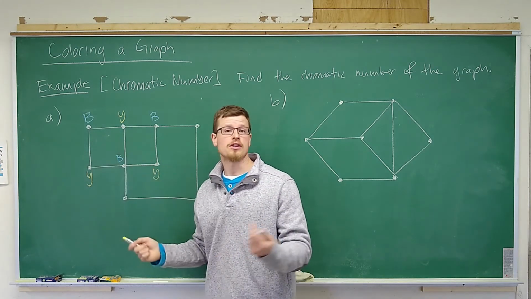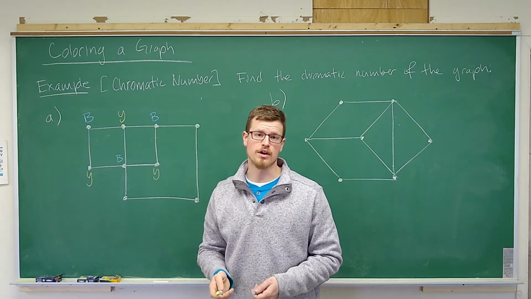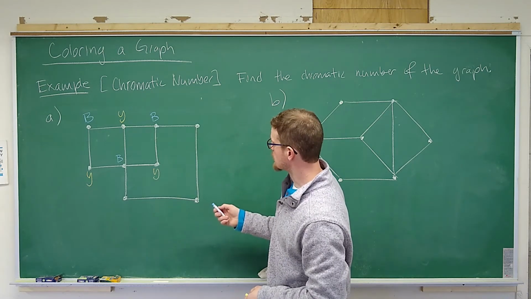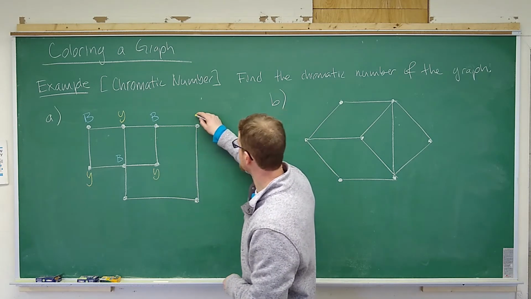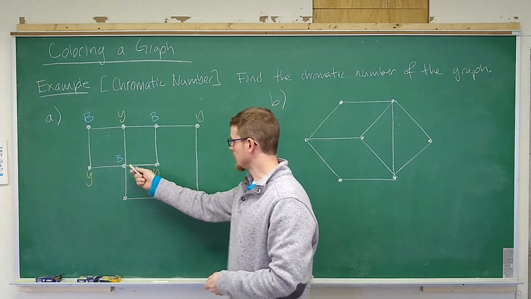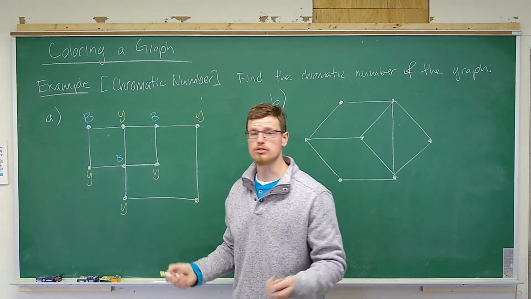Again, none of the yellow vertices are adjacent to one another, and none of the blue vertices are adjacent to one another. So we're doing good so far. We can continue to color. Adjacent to a blue, we need something not blue. That'll work. Adjacent to blue, we need something not blue. Good so far.